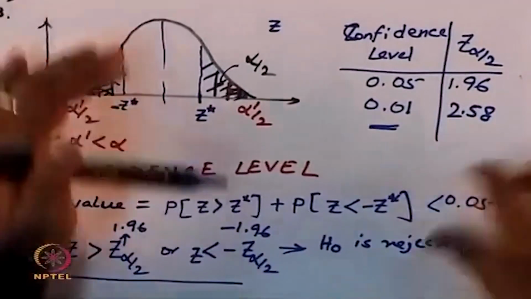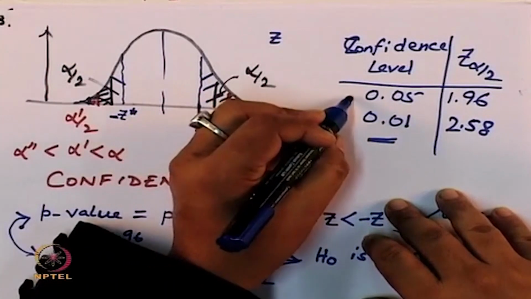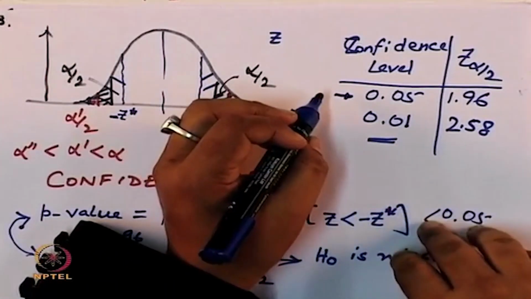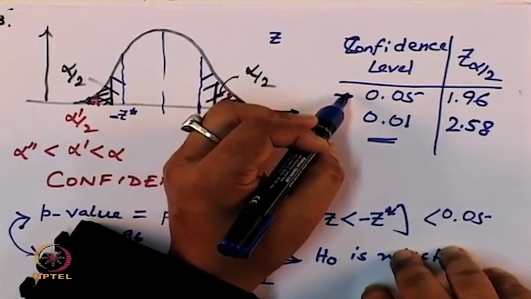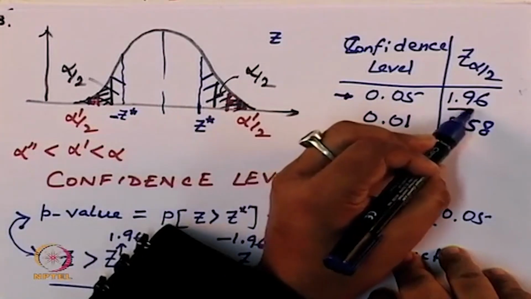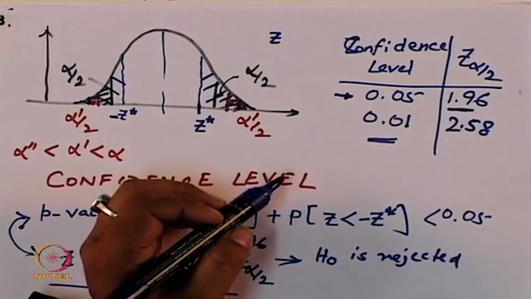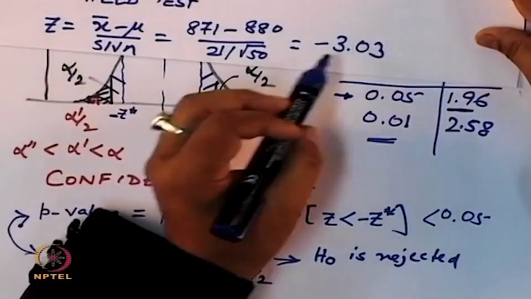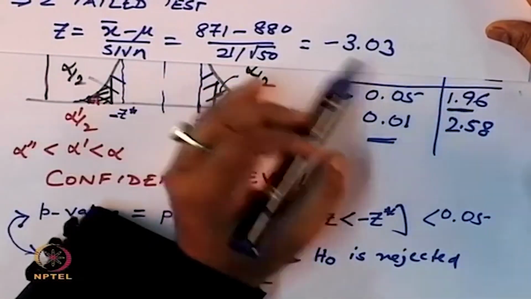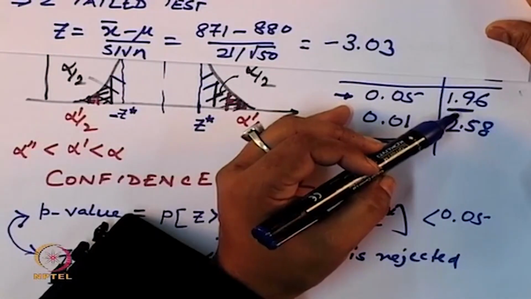So for the two tail test, if I draw this curve again, what we know is that at the 5% level of significance, your z alpha by 2 is 1.96. Now, your z value here is 3.03, which is much greater than 1.96.